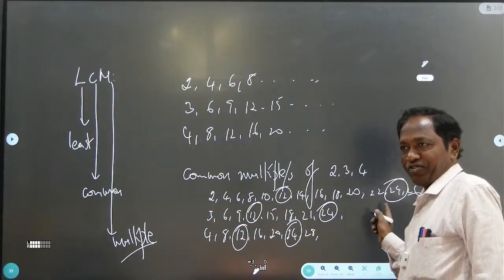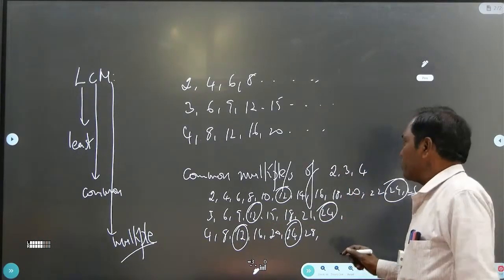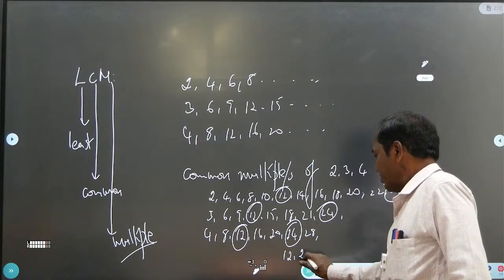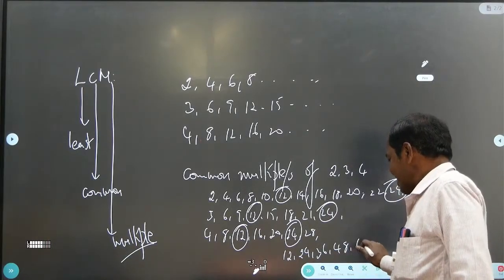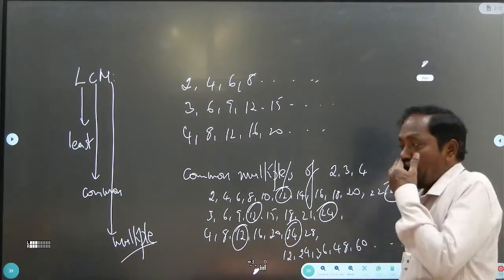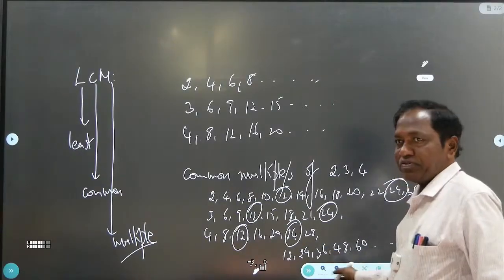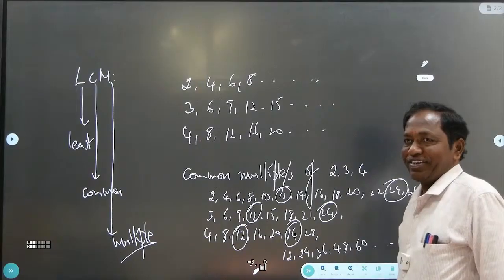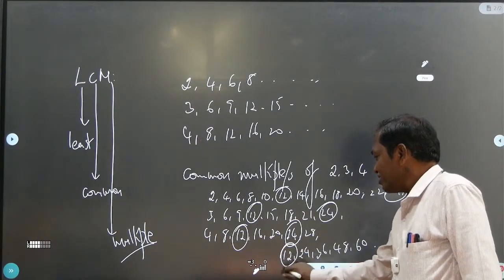Multiples of 12 are common multiples: 12, 24, 36, 48, and 60, and so on. These are the multiples of all three, common multiples of 2, 3, and 4. Least common multiple. What is the least common one? 12. 12 is the LCM.